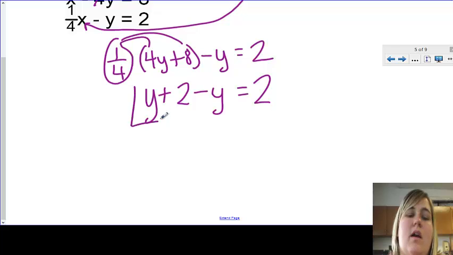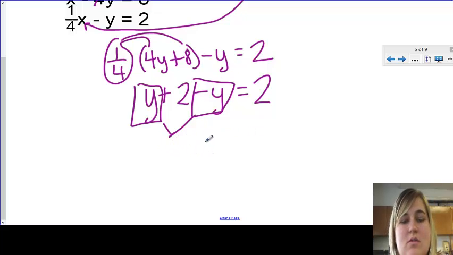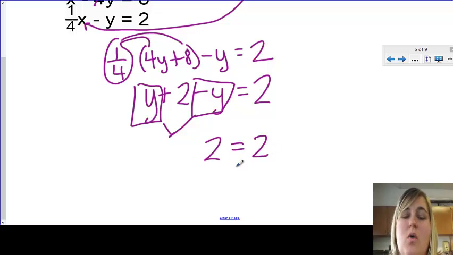Then I can combine like terms. When I put those together, those will cancel out, so I'll get 0y. I don't want to show that, so I'm just going to have 2 is equal to 2. Well, this is true. 2 is equal to 2.